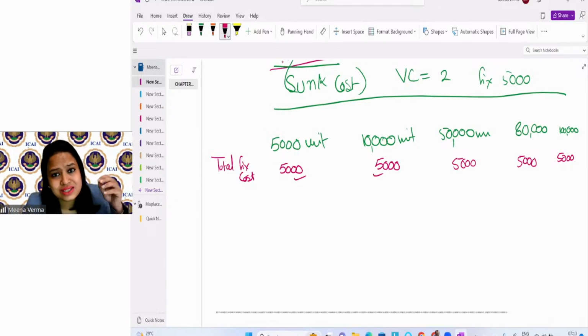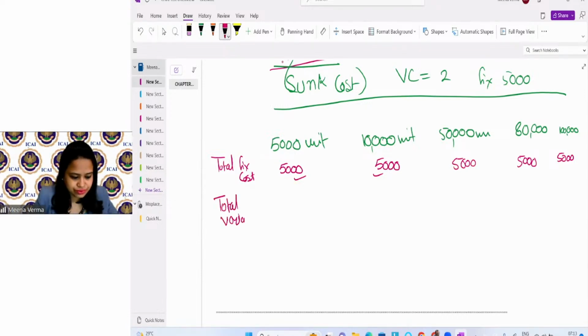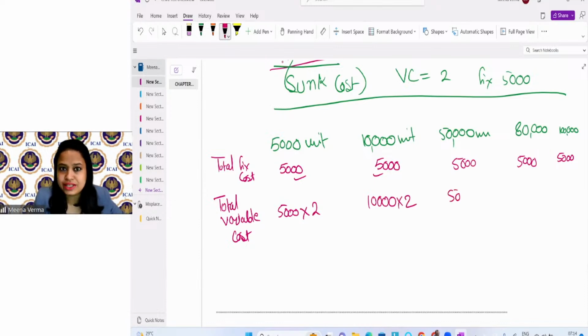We only consider such costs which increase with increase in production, because only those costs will impact the decision, right? Let me consider total variable cost. What will be your total variable cost? In this case, 5,000 units into 2 rupees. Here, 10,000 into 2 rupees. Here, 50,000 into 2 rupees.